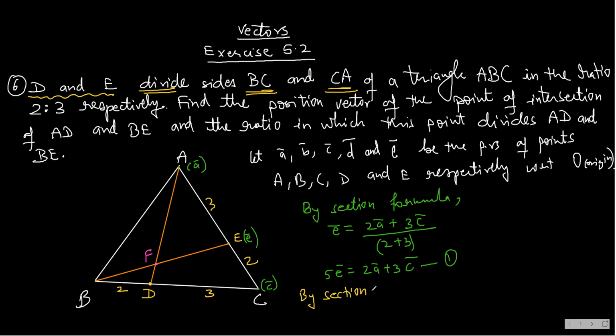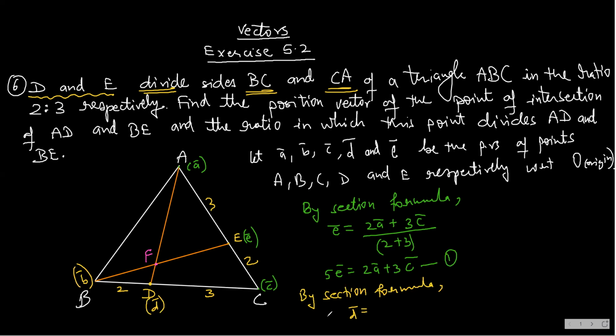Bisection formula, I apply for D. So here we have D bar. I'm sorry. We have here D bar. This is B bar and this is C bar. Okay. So D bar equals, what do we have?